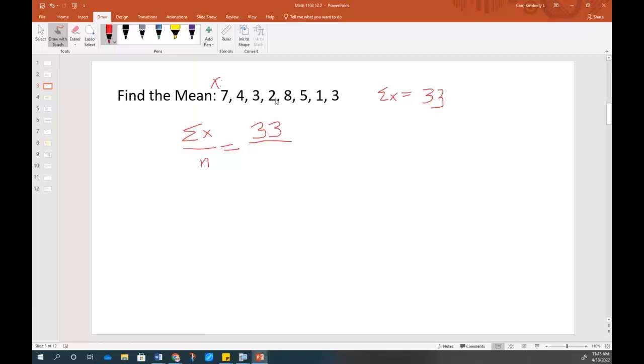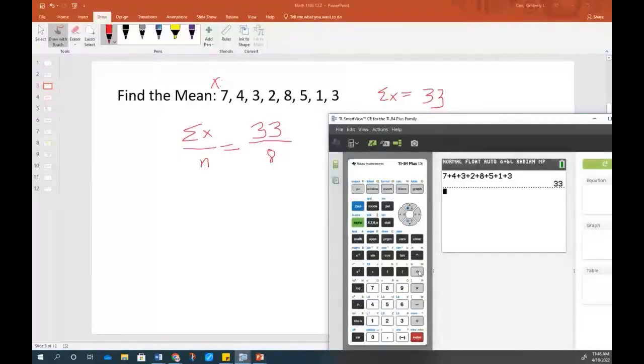1, 2, 3, 4, 5, 6, 7, 8. So I have 8 values, so I'm going to divide by 8. I can just hit divide and it'll automatically do the answer divided by. So I want to do that answer divided by 8, and I get 4.125, or approximately 4.1 if I took it to the nearest tenth.